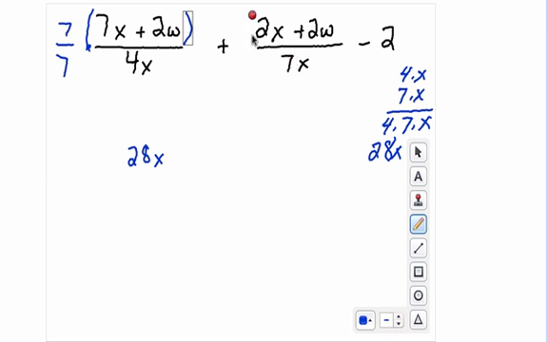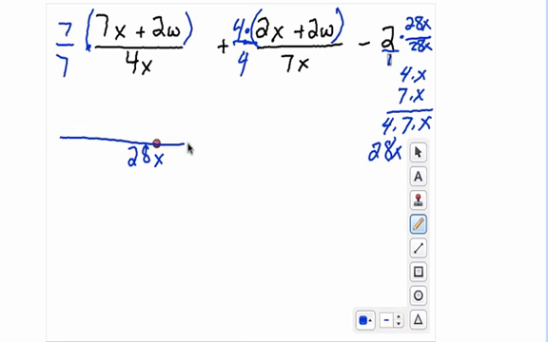And then my next fraction, I can see that I need to multiply this by 4 to get 28x, so I'm going to multiply this whole thing. We don't want to forget to put it in parentheses here. And then that's going to be 4 over 4. And then we need to multiply this negative 2 by 28x over 28x. You can think of your minus 2 as negative 2 over 1.